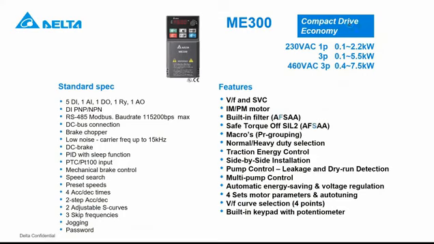Compared to the MS300, there's fewer inputs and outputs. There is no possibility to connect any field bus option. There's no built-in PLC, and it's up to 7.5 kilowatt or 17 amps.